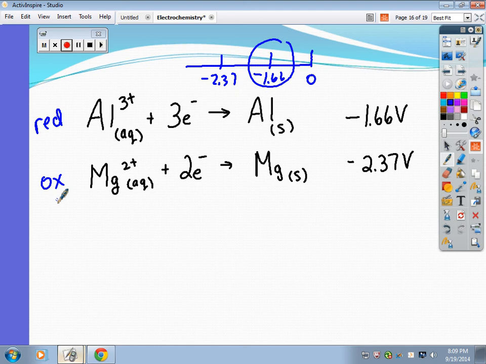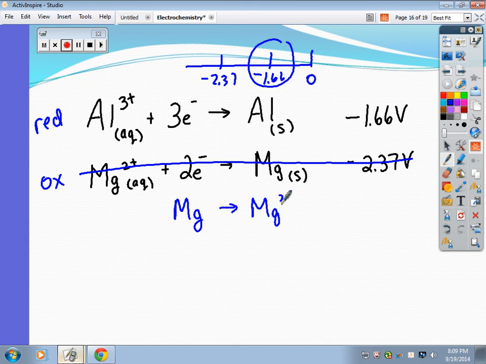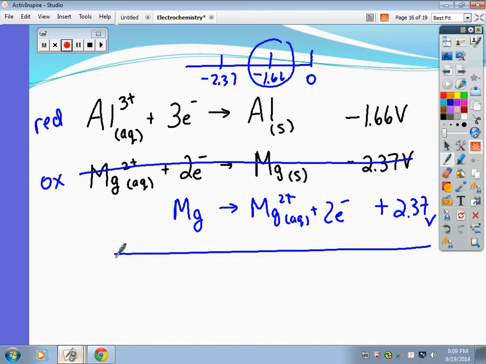So what does that mean I'm going to do? It means I take this and I flip it, and I write it completely backwards. And in doing so, I'm going to flip the sign. Now I need to add this up to get an overall cell reaction.